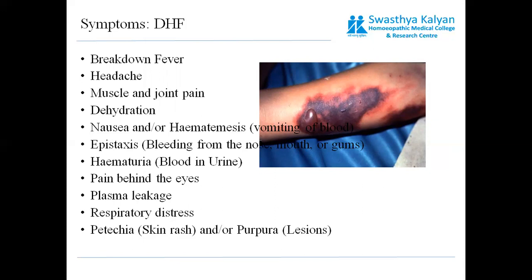So this gives you an idea that there is some problem with the coagulation. That is, the coagulation of blood is not taking place. So almost all orifices of our body will emit blood. Pain behind the eye, plasma leakage, respiratory distress, skin rashes and purpura, petechiae, and purpura lesions may be seen.